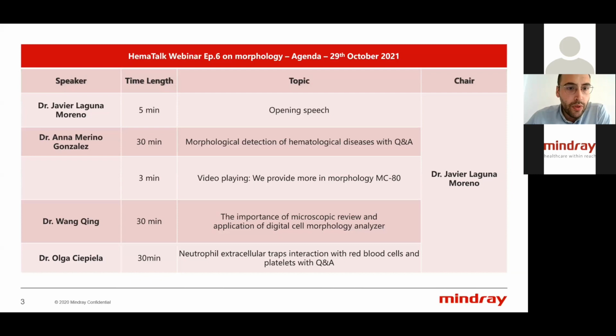Then Dr. Wong will talk about the importance of microscopic review and application of the digital cell morphology analyzer. And finally, Dr. Olga from Poland will talk about neutrophil extracellular traps and their interaction with red blood cells and platelets. So I think that we can start. Next slide, please.